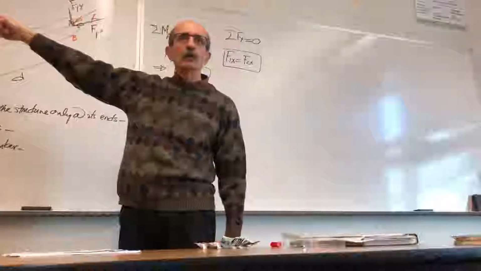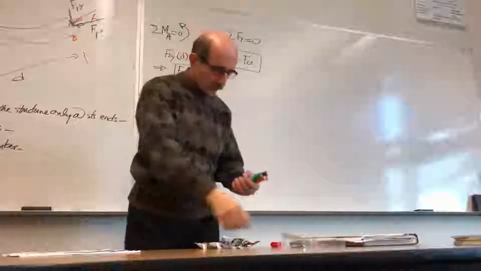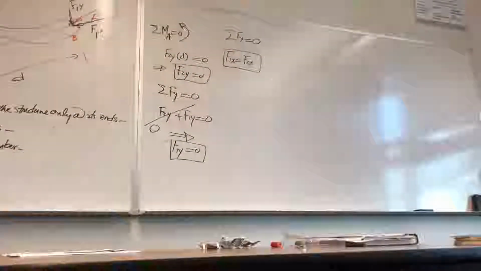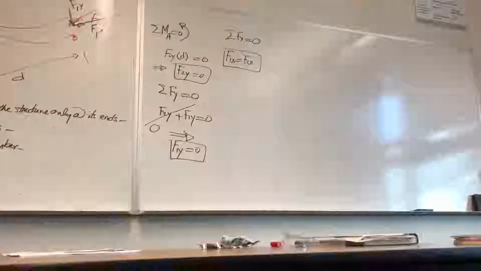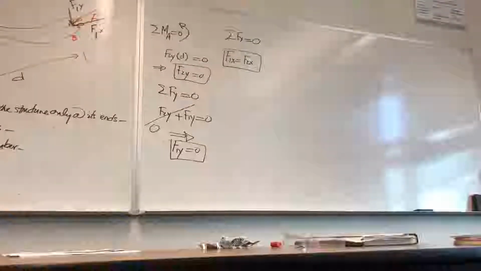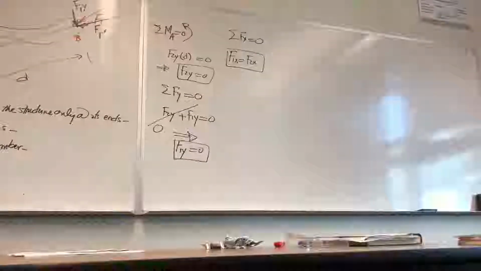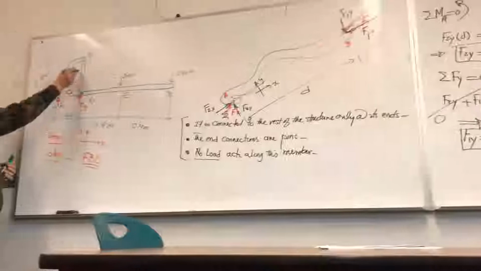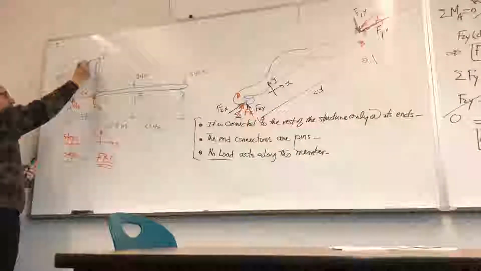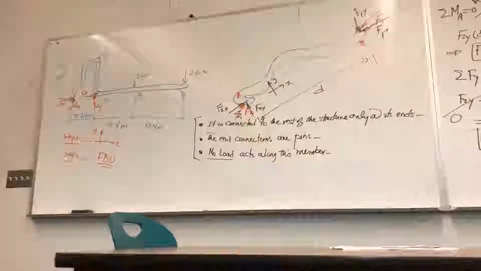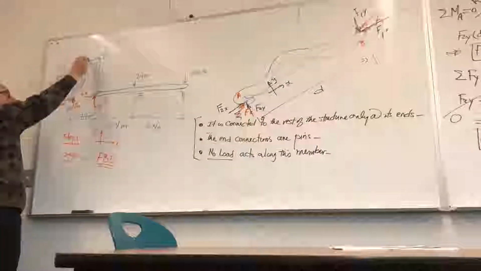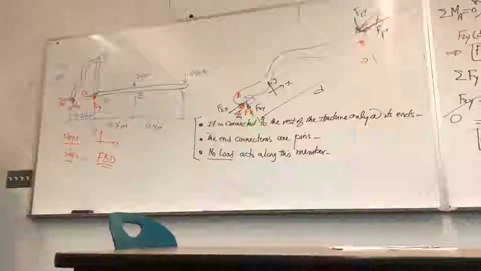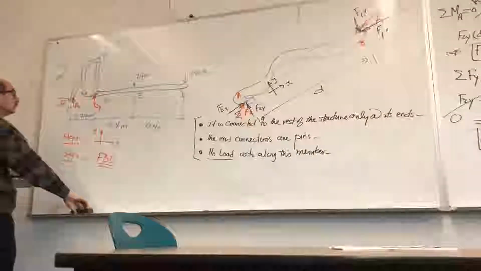So this member represents one unknown force and not two. Going back to that example, you have a member, you see this member now? Pin connected here, pin connected there. There is no other member of any piece connected along this member anywhere, and there is no load acting along this. In other words, for instance, you don't have a force like this acting on this. There is no load.